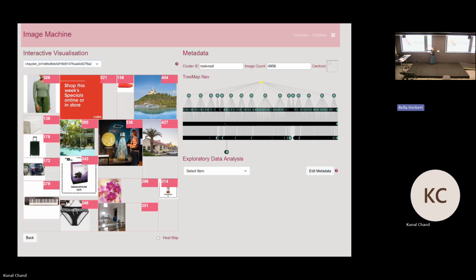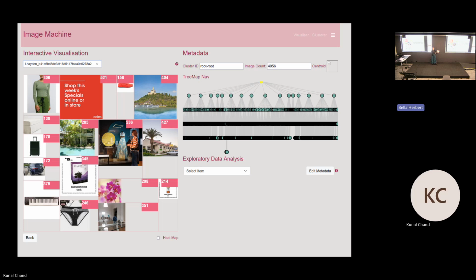And this is a screenshot from the cloud version of the image machine, which is available for people to use. I think if you get in contact with Dan Angus at QT, he can help you get started with this process. But essentially what we did was, for each of our 12 people, the first person, we took their collection of ads that they donated to us.